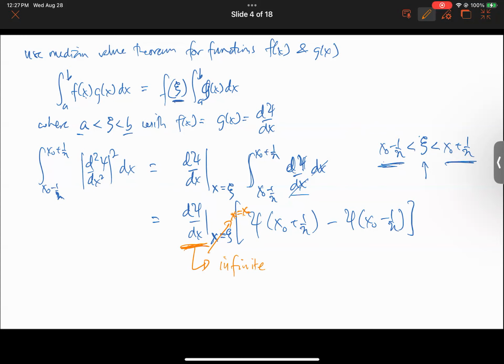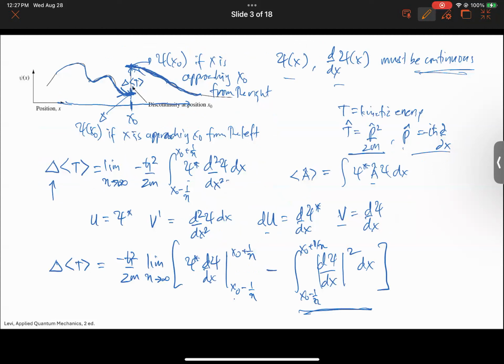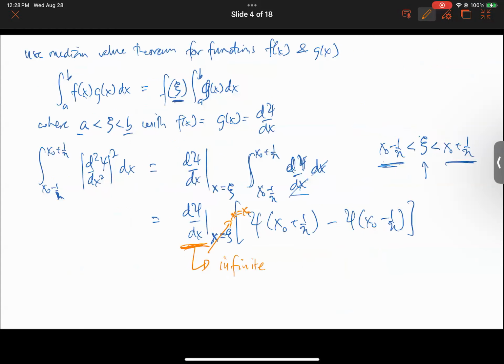Okay, kasi ang d psi dx is the slope of the tangent line at a particular point. But here we have this line that connects these 2 points. So essentially, yun yung tangent line ninyo. And makikita natin that the line is 90 degrees, which means na yung derivative na yan is infinite.